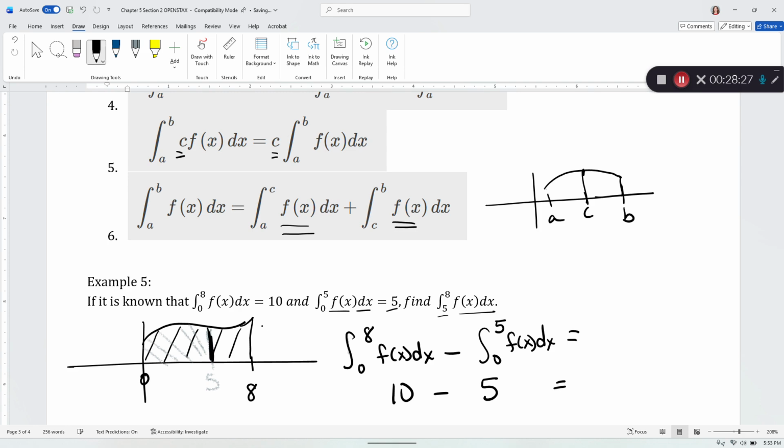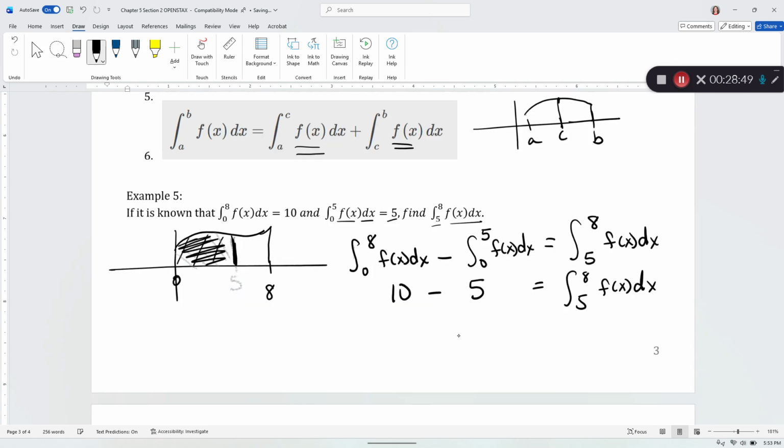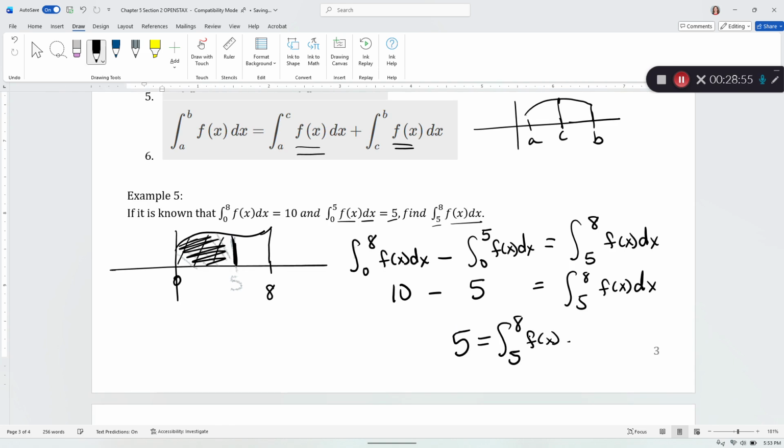Well, then what's left, this will be gone, and the only thing left will be this piece right here. In other words, it's equal to 5. Okay.